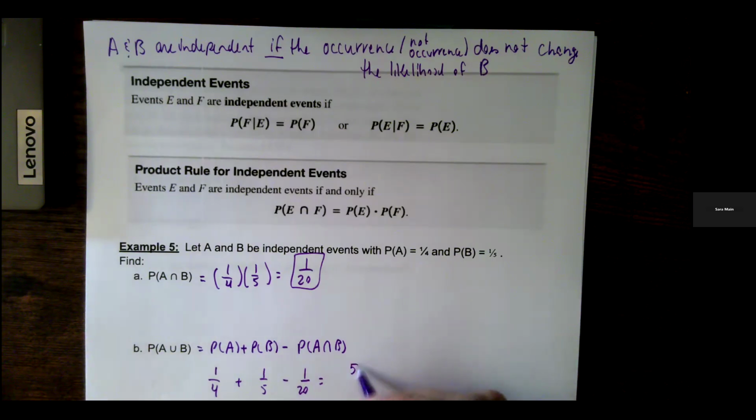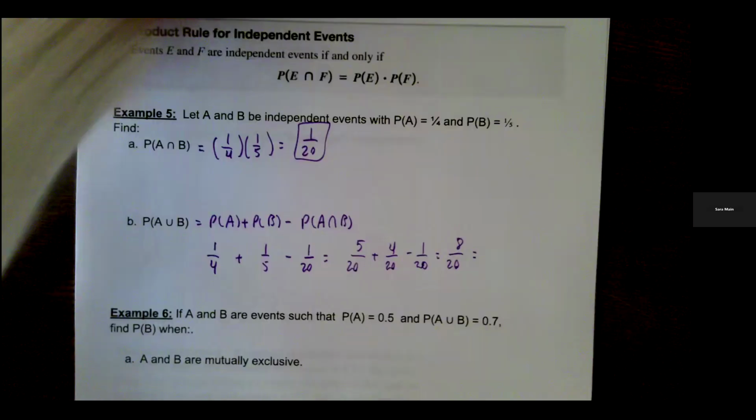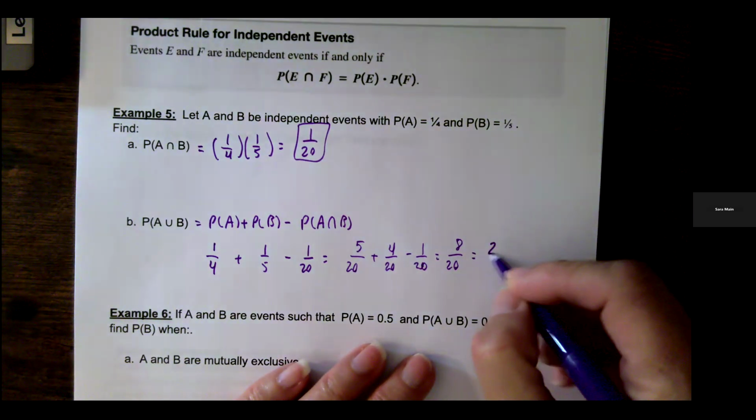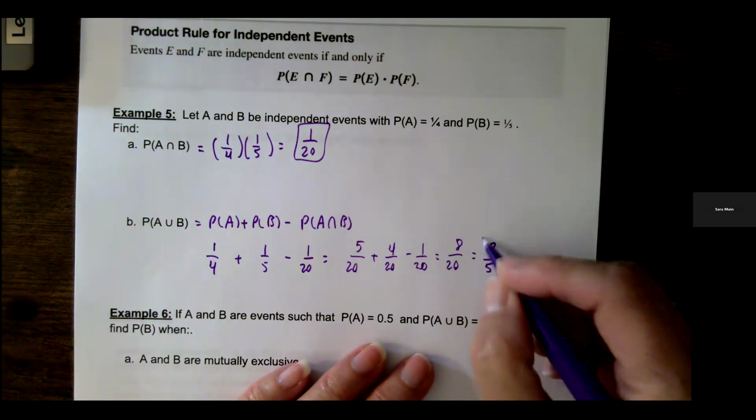And if we get a common denominator of 5/20 plus 4/20 minus 1/20, we have 5 plus 4 is 9 minus 1 is 8/20. And we can reduce by a factor of 4. And we arrive at 2/5.